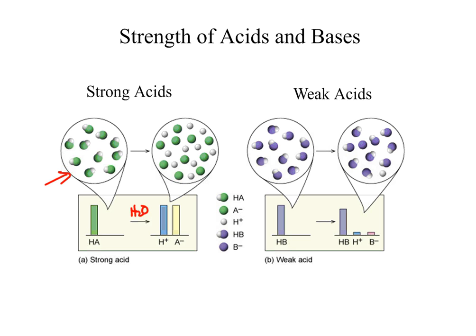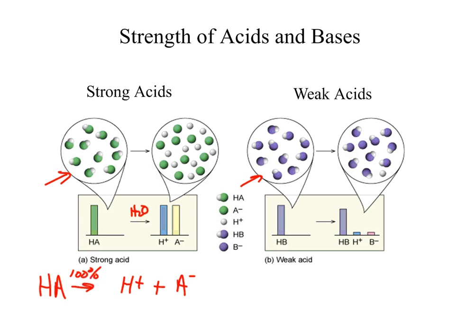So we can represent that in a formula. HA goes 100% to H+ plus A-. So every single one of those is going to break apart, and that's what makes it the characteristic of a strong acid.